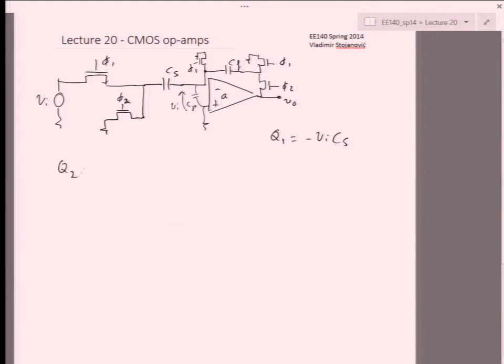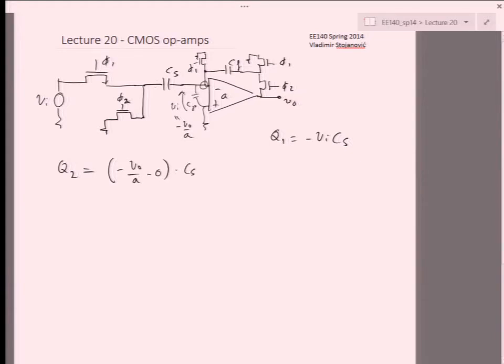But situation changes when we look at Q2. So at Q2, assuming the gain is finite, our V minus becomes VO minus VO over A, right? So VI here is minus VO over A. So then we have this situation where we've grounded the other side. So we have minus VO over A minus 0 times CS.